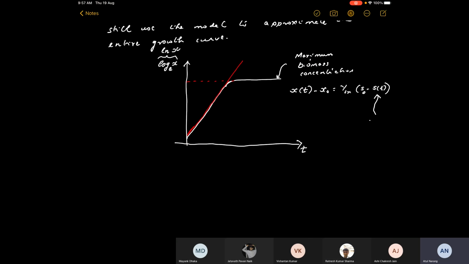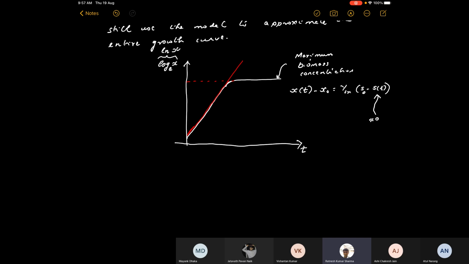Can you see why this might be approximately equal to 0? Yes, sir. All the nutrients will be consumed by the bacteria.